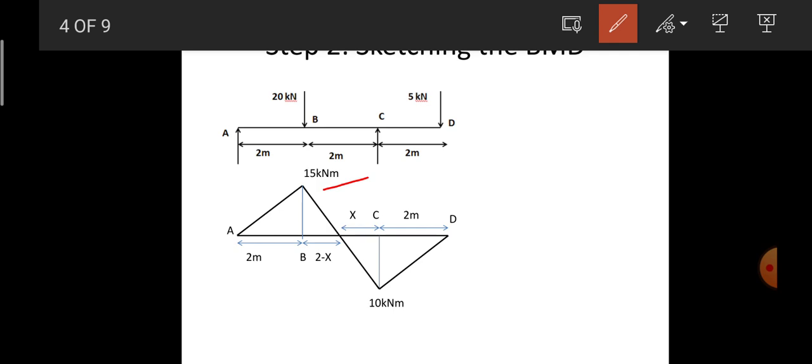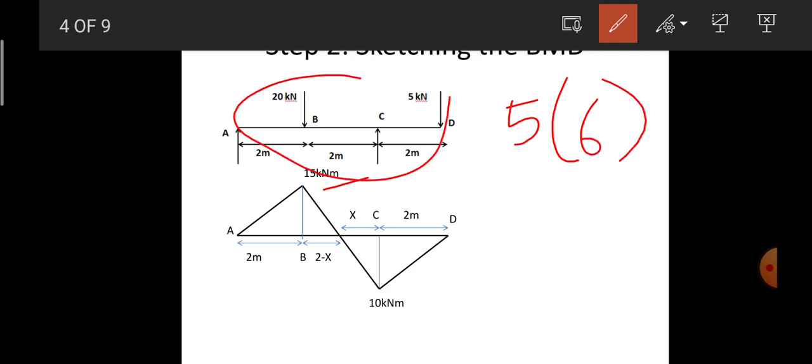Then we have one more point, point A. Up to point A we have 3 loaded points that we are supposed to consider. First is 5 into 6 from D to A, which is clockwise, hence negative because we are going from right to left.